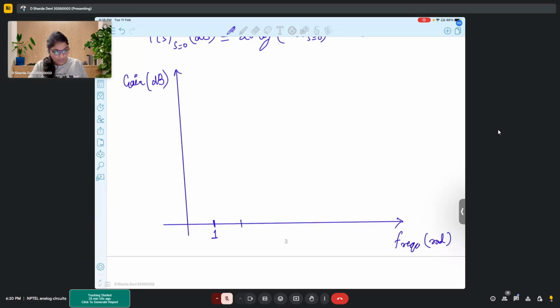Okay, so 1, 10, 1000, 20K, 100K, 1 meg. These are the frequencies. And here, let's say I have 0 dBs.